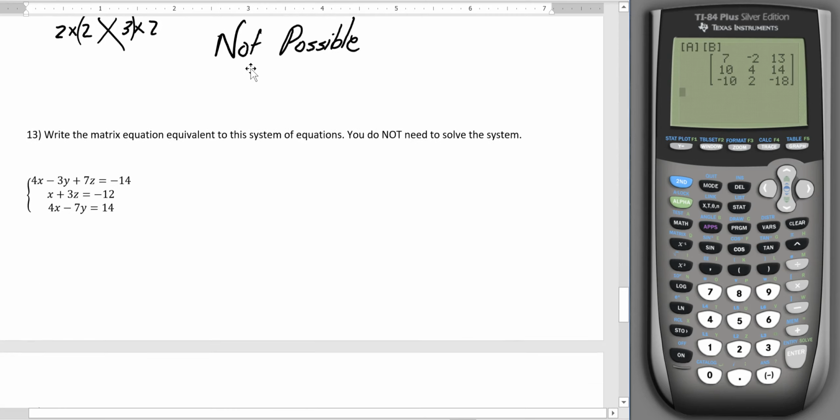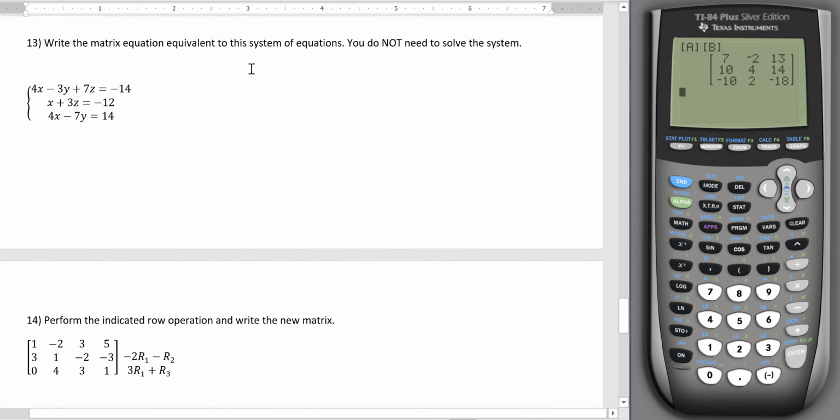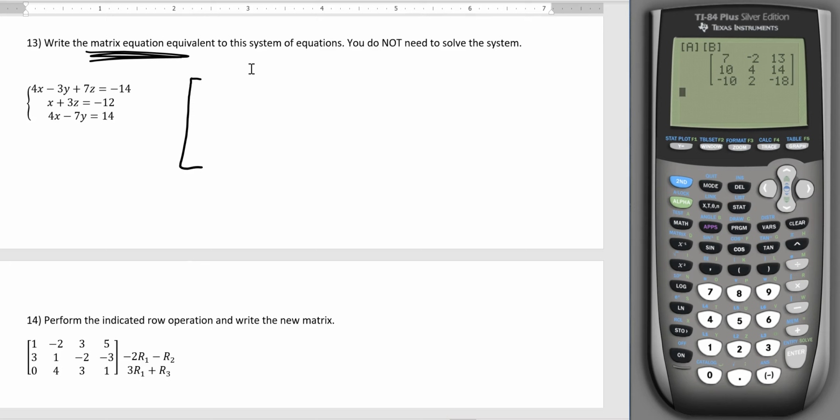All right, number 13, write the matrix equation equivalent to this system. Okay, matrix equation. Remember what that looked like. We talked about that at the beginning of this unit and then really never mentioned it again. So if we need a refresher, that's okay. Remember, this is the one with multiple matrices in the equation. The first matrix is the coefficients: 4, negative 3, 7, 1, 0, 3, 4, negative 7, 0.